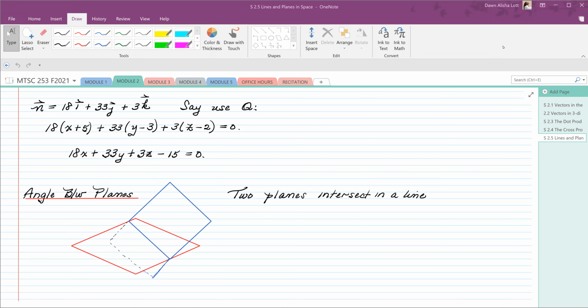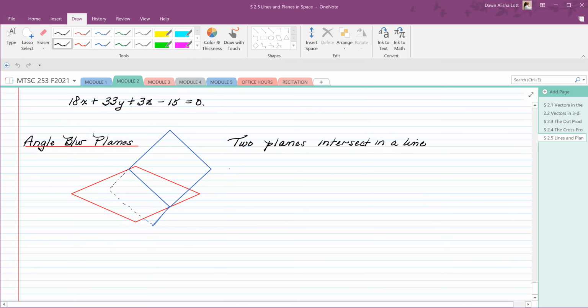Okay, so the angle between planes is where we left off, and we were saying that two planes intersect in a line. The angle between two intersecting planes is defined to be the acute angle, not the wide angle, but the smallest angle determined by the normal vectors, okay?